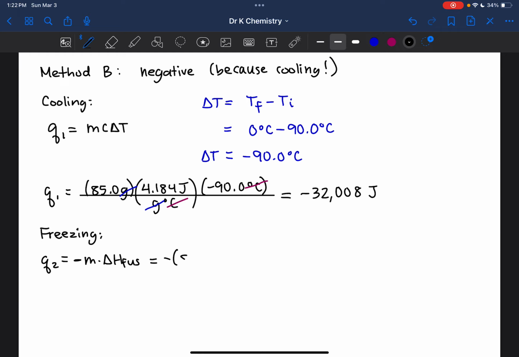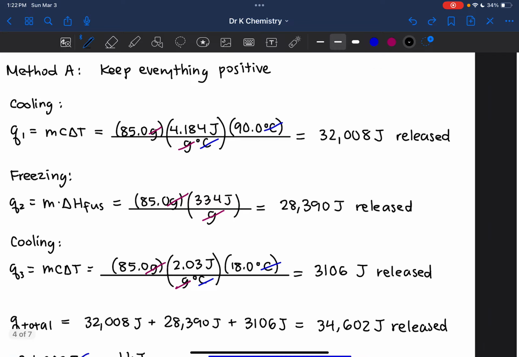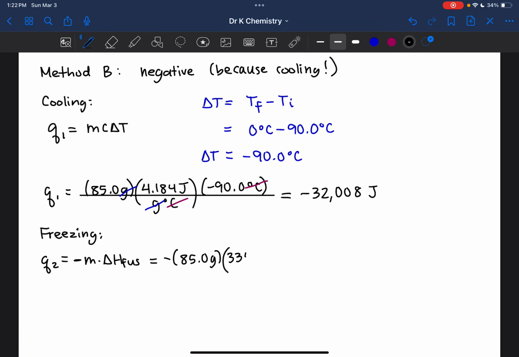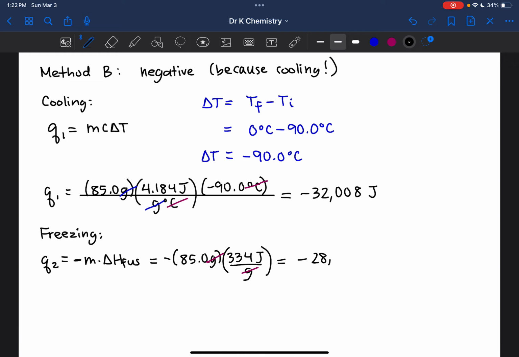So that will be negative 85 grams times the heat of fusion, which was 334 joules per gram. And the grams cancel out and we are in joules. So we'll get the same value we had here, but it will be negative 28,390.